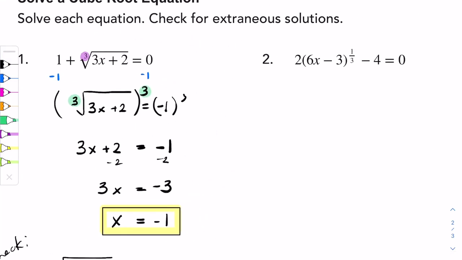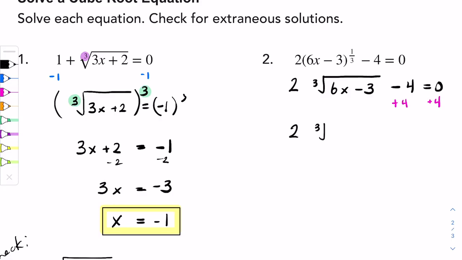And number two is in the form of an exponent. I'm going to change this to a cube root. So 2 times the cube root of 6x minus 3, minus 4 equals 0. We have to follow order of operations, so I need to add 4 to both sides. 2 times the cube root of 6x minus 3 is equal to 4.